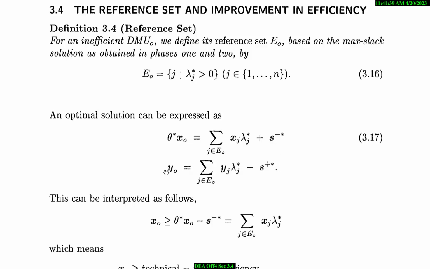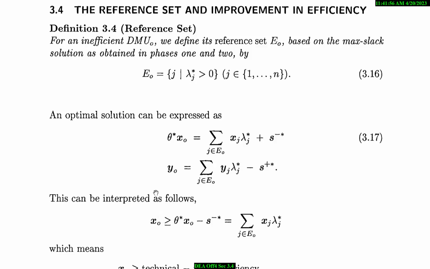For the output constraints, if we put the optimal solution, we have the second relation. This can be interpreted as follows.